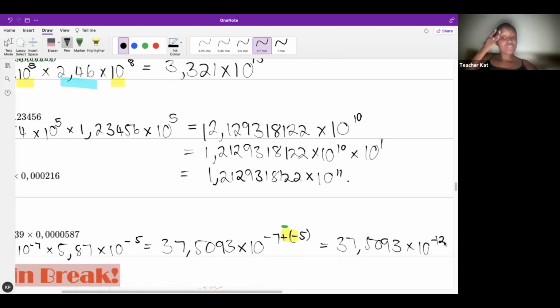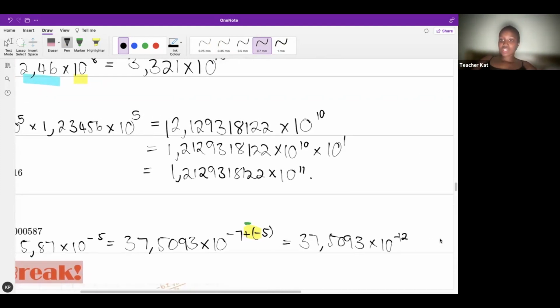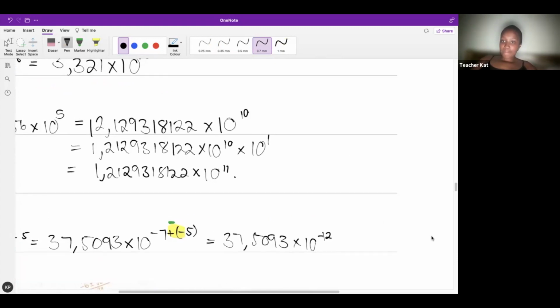Is this scientific notation? No. Where do we actually want our comma? After the 3. So it's going to be 3,75093 times 10 to the negative 12 times 10. If I moved it left, is this positive or negative? Positive what? 1.